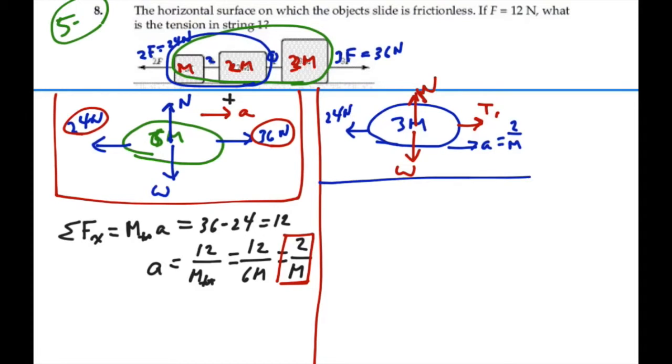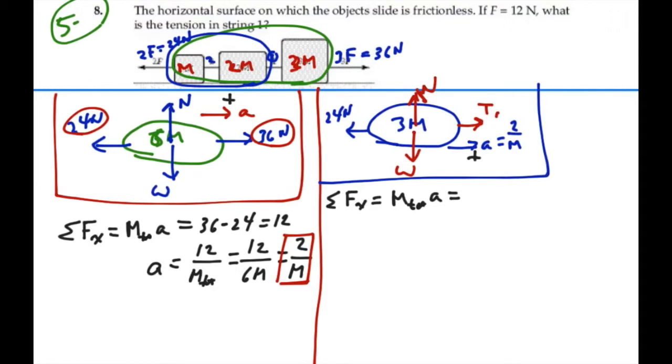So let's set up Newton's second law for this free body diagram in the x direction. The summation of the forces in the x direction is equal to our total mass times a, and that equals the total force in the direction of positive acceleration.